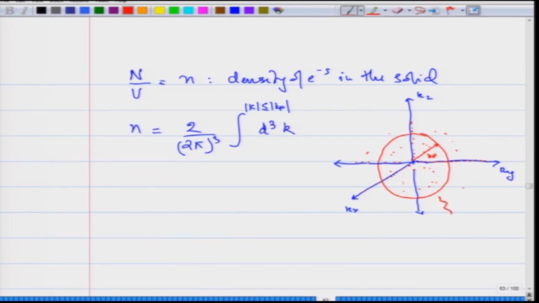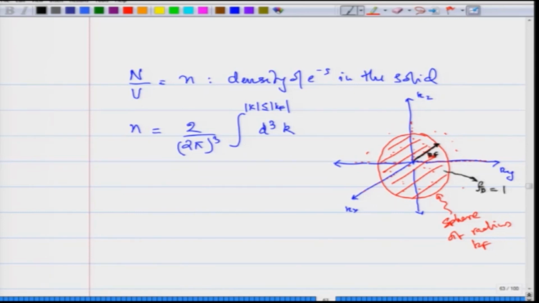This is the sphere of radius kF. All the momentum states which are enclosed within this radius kF are the ones which will have a non-zero contribution because they are fully occupied.